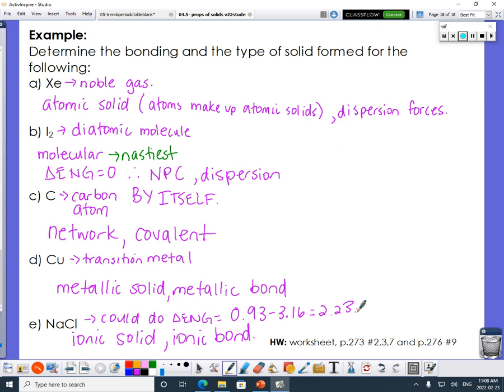For ionic, it has to be a metal and a non-metal. You could have molecular, like you could have CH4, H2O, but those are non-metals. Okay, so your textbook is questions sort of like this one, and then the worksheet is more about the properties. So use that summary chart to help you. Okay?